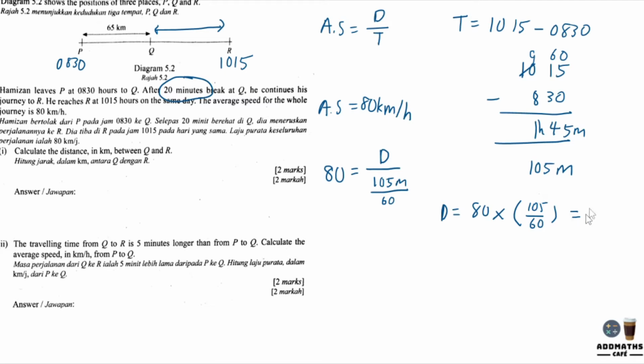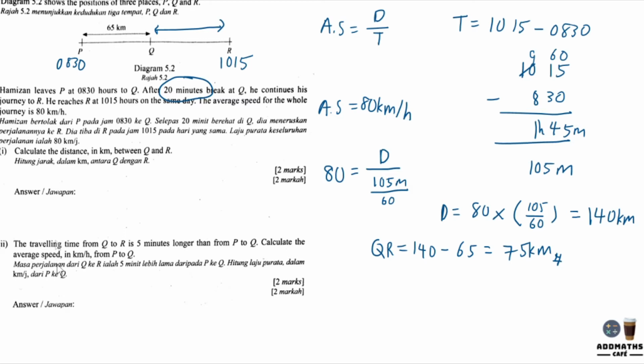The total distance will be 140 km. Alright, so I know that PQ is 65 km. QR will be 140 minus 65 km. It will be 75 km.